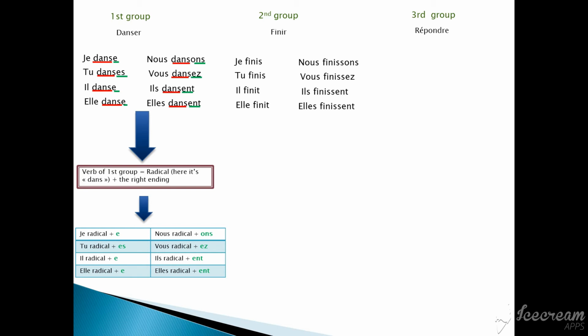To use verbs of the second group in the present, we keep the radical of the verb. Here it is fin. We remove ir and replace it with the appropriate ending for each subject pronoun.